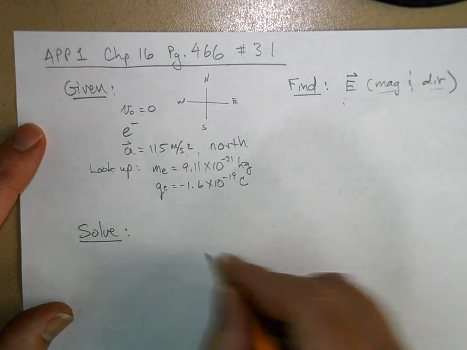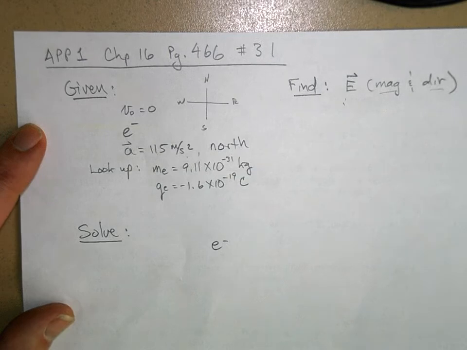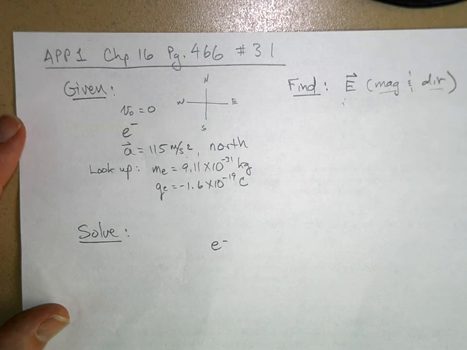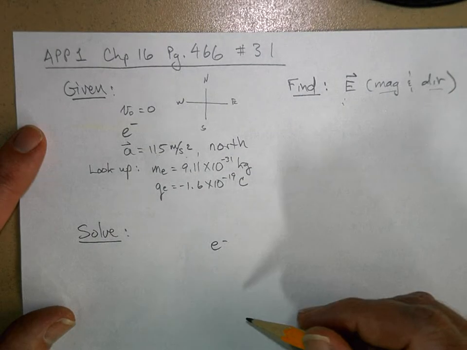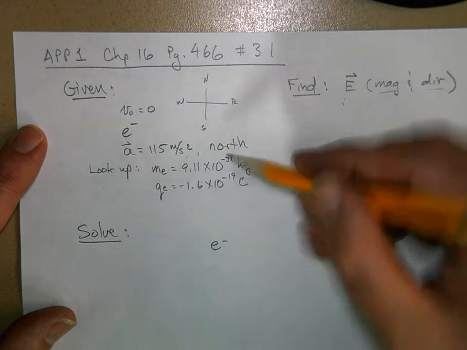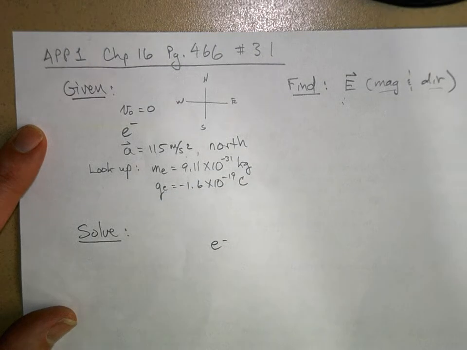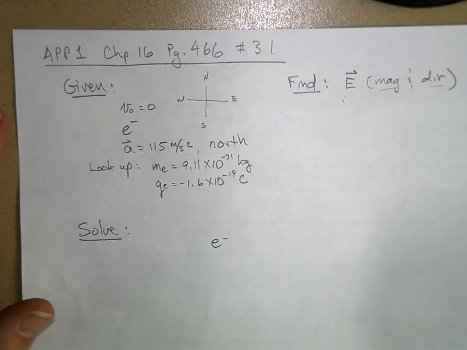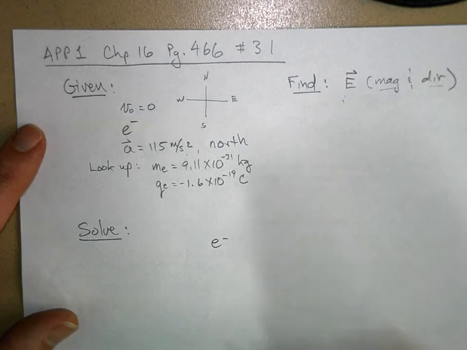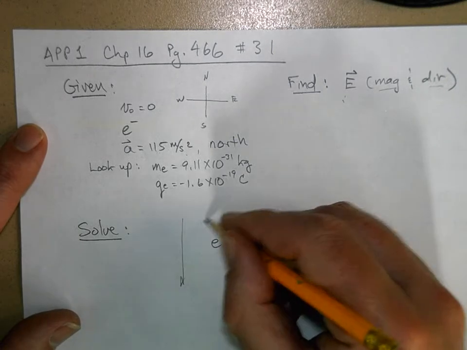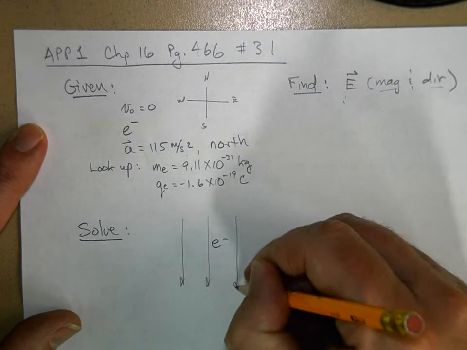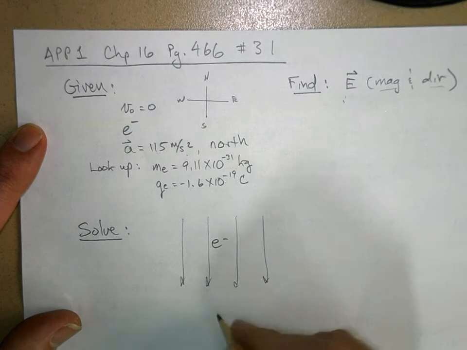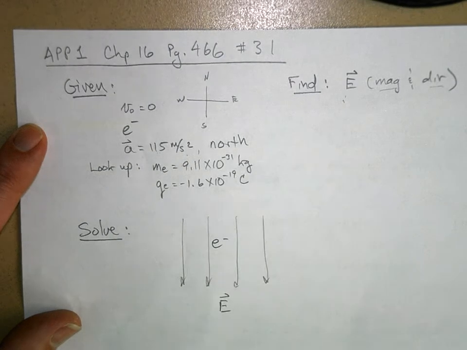So let me draw a little free body diagram of this electron. It's accelerating to the north, which means that the electric field has to point to the south. So here's our uniform electric field. It has to look like this.